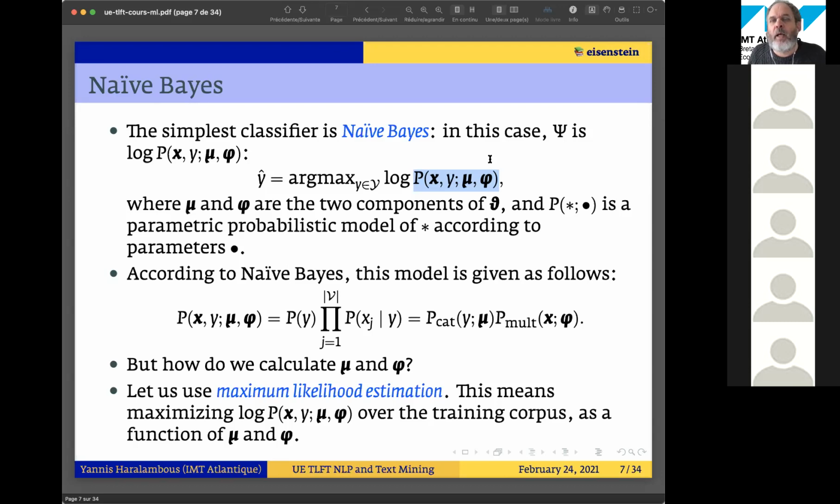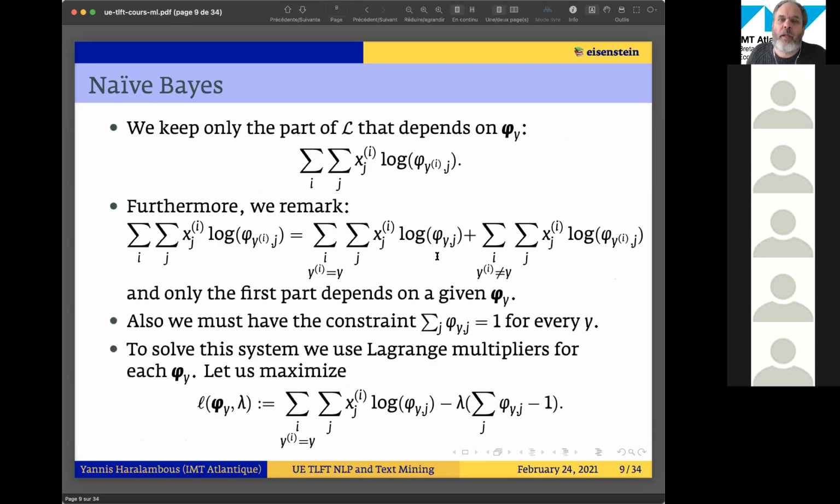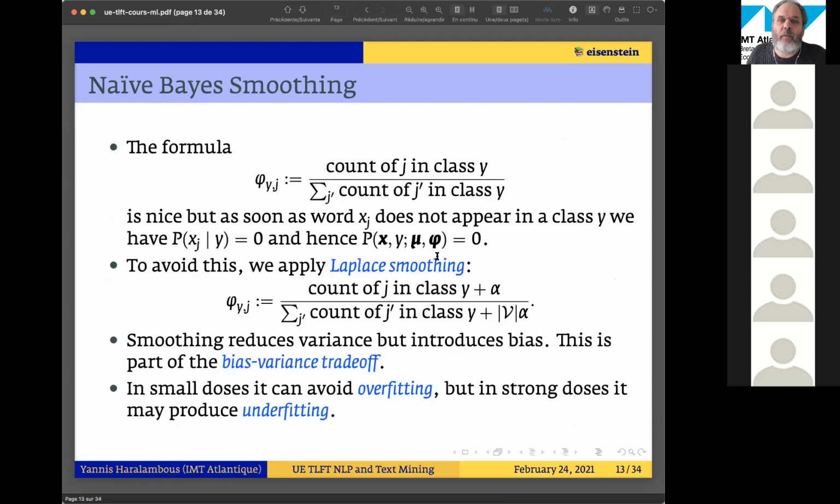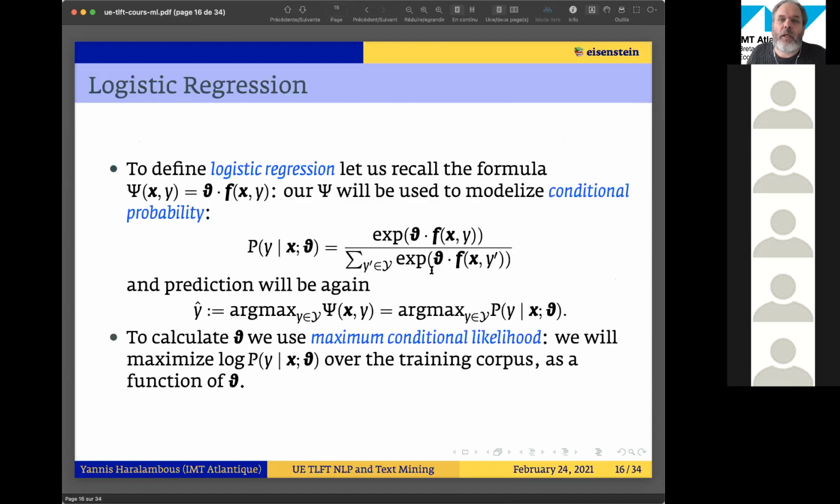It's the joint probability of having the individuals and the class together. This is called a generative model, while logistic regression is a discriminative model. So discriminative models are studying the conditional probability of having the class given specific individuals.